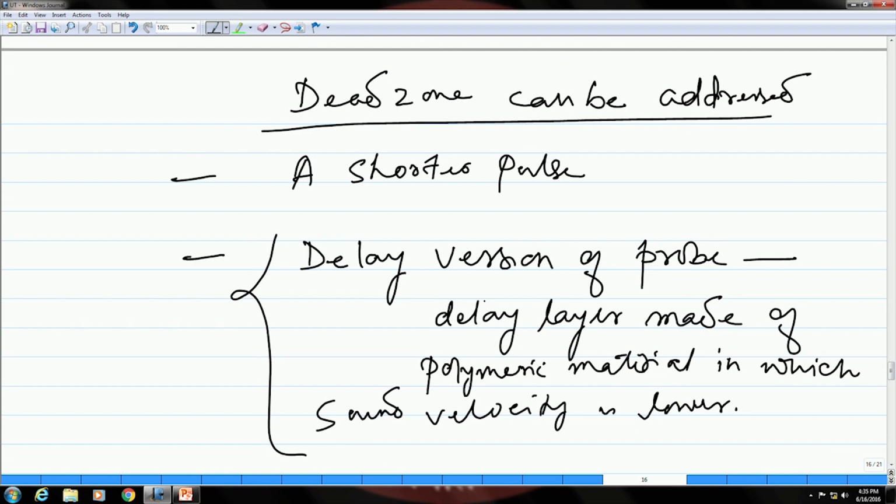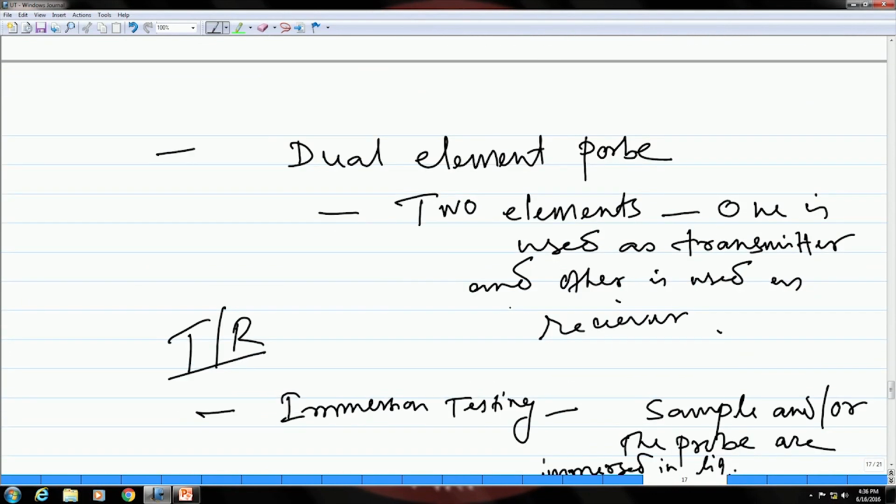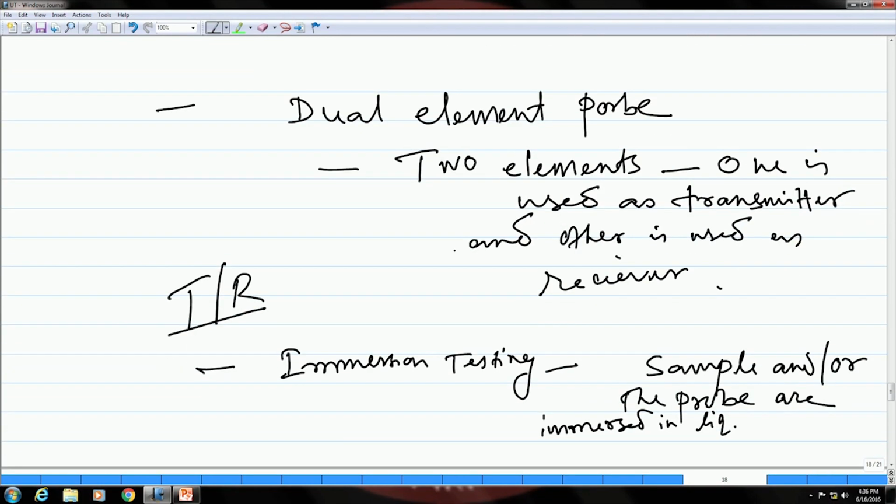Then the second method, we talked about a delay layer, which will delay the echoes when they are coming back to the probe, and that gives enough time for the fluctuations to die down completely, and by the time the echo comes back, the probe will be ready to receive.